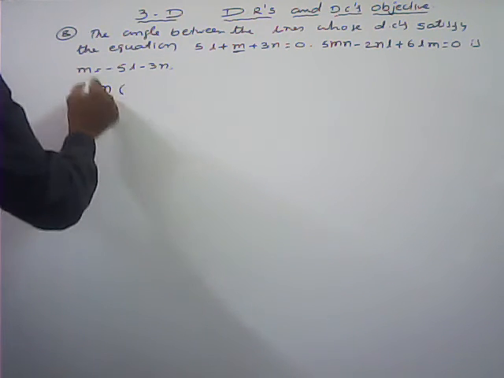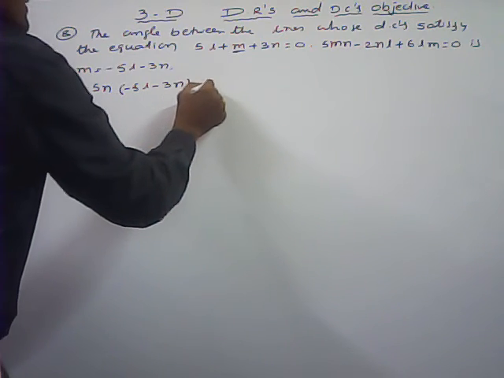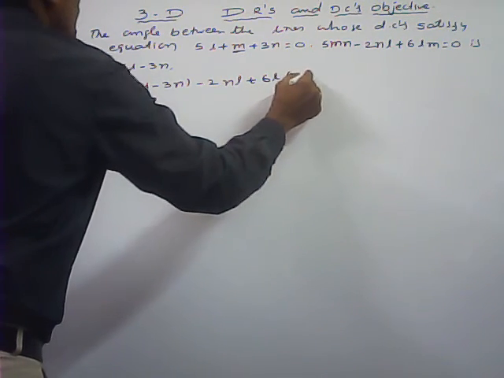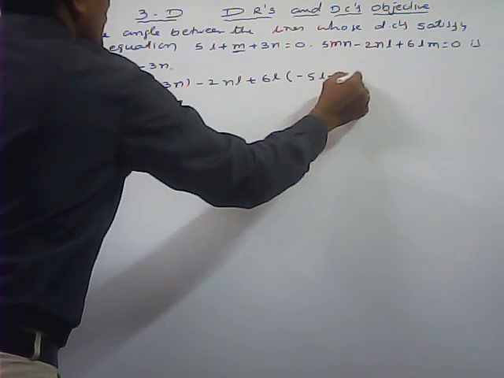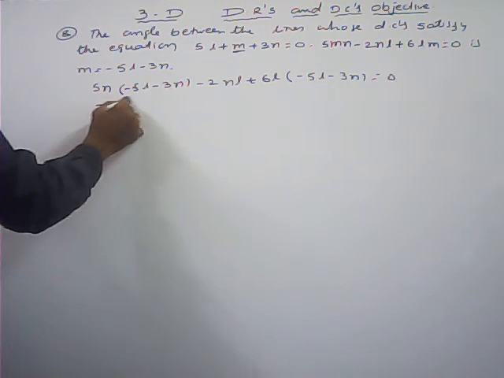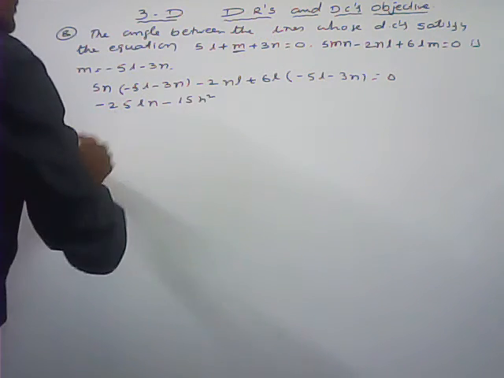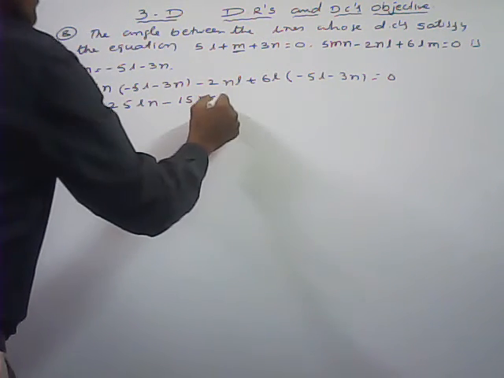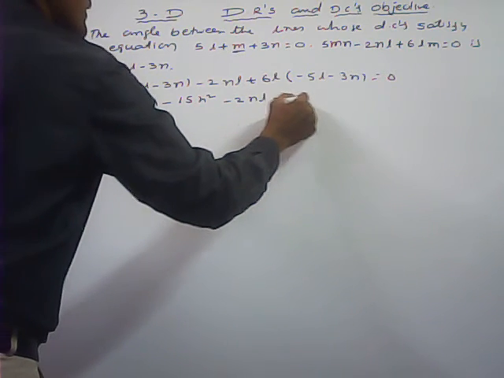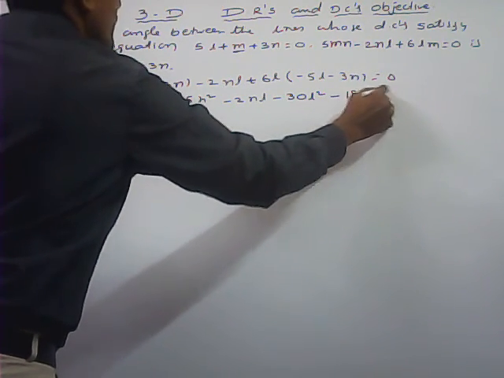5n into (minus 5l minus 3n) minus 2nl plus 6l into (minus 5l minus 3n), that is equal to 0. Simplify this. Minus 25ln minus 15n square minus 2nl minus 30l square minus 18ln, that is equal to 0.